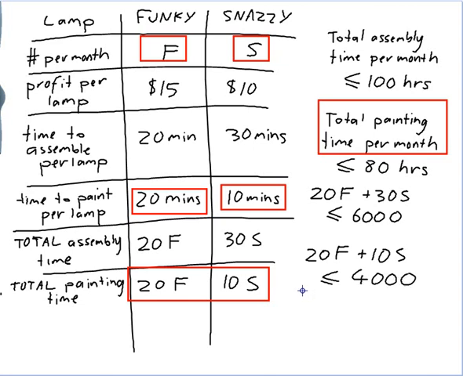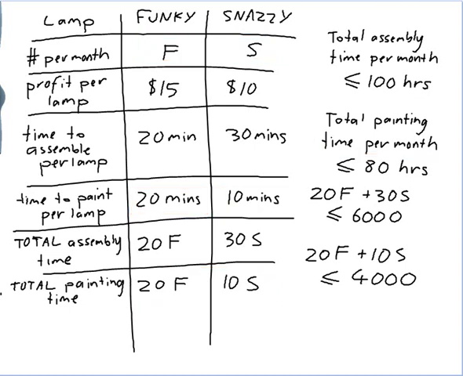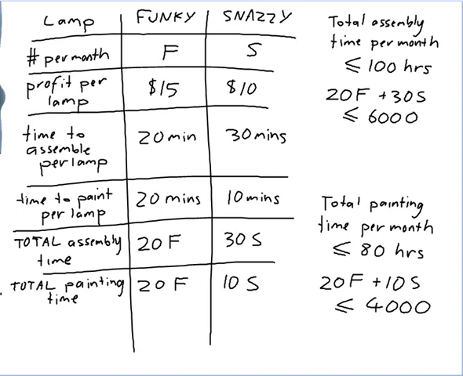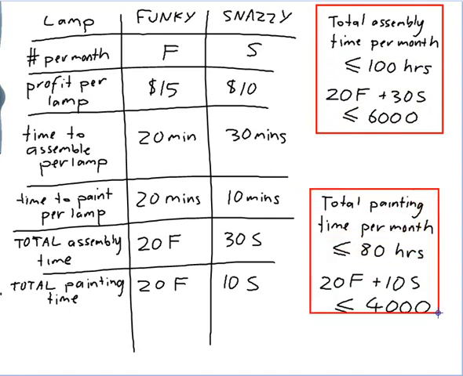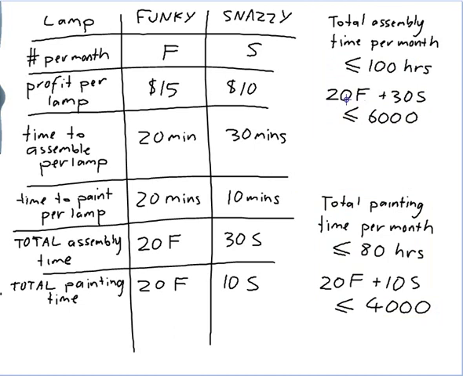So that's all the information we have there. What I might do is just rearrange what's over here on the side of the page into a more logical order, so that the equations that relate to the same thing are next to each other. That's better. Now I have total assembly time per month and the equation that goes with it, and total painting time per month and the inequality that goes with that. And I look here at this inequality and I can divide everything by 10 to make it look slightly simpler before I move on.